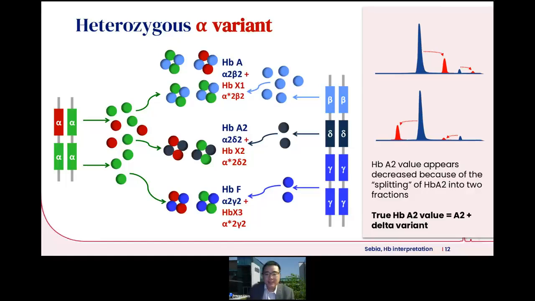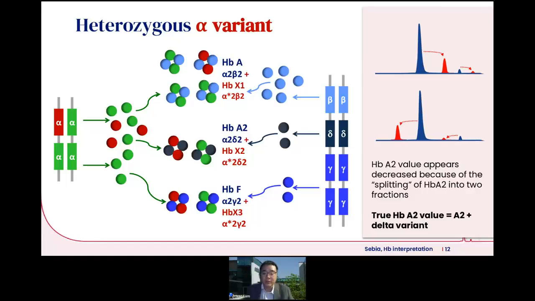Once again, the exact shifting of the peaks depends on the change that's done to the variant, depending on the chemistry of the resulting hemoglobin, and that would affect where it shifts to. But when you see multiple peaks, it's important to always think of the possibility of an alpha variant happening. And the same principle also applies if you need to look at your hemoglobin A2 and use it for diagnosis of other conditions.